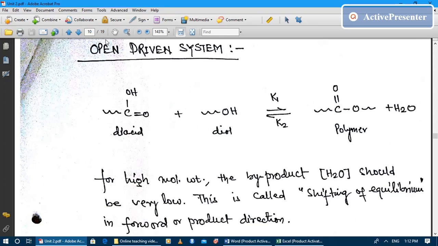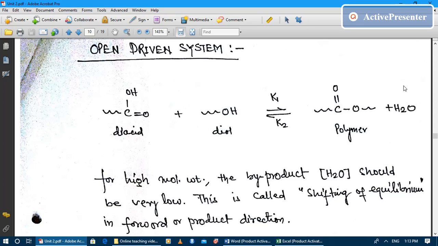But in an open driven system, we continuously remove the water from the reactor so that the concentration of the product decreases, and in order to compensate, there will be more conversion in the forward direction, meaning more and more reactants will react together to form the product, because we are continuously removing one of the byproducts from the system.